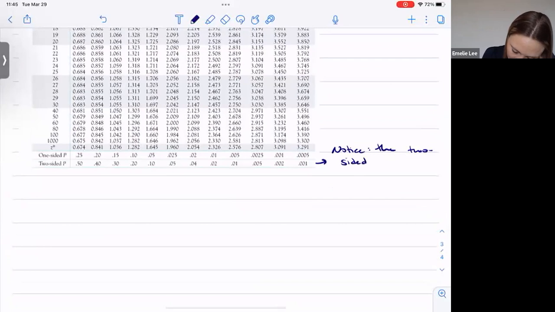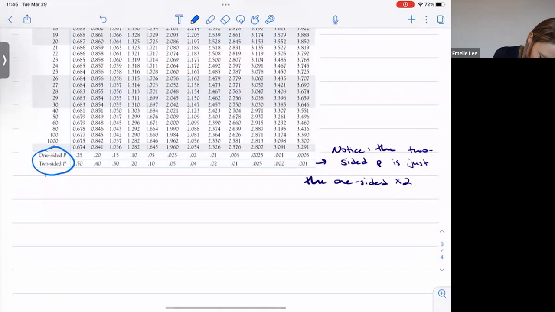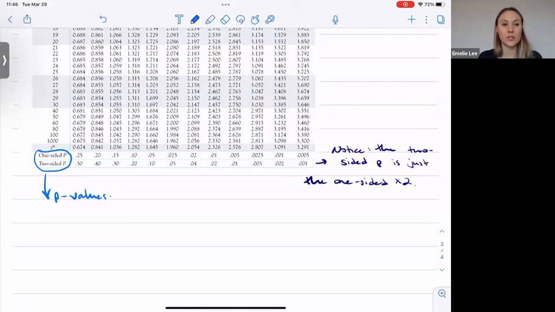The two-sided p is just the one-sided p times 2. But these are indeed p-values. And let me not cross out the z star. Oh, I did it again. There. Okay, so these are just p-values.